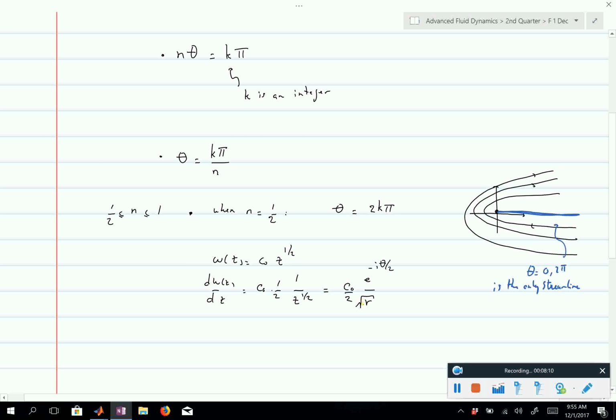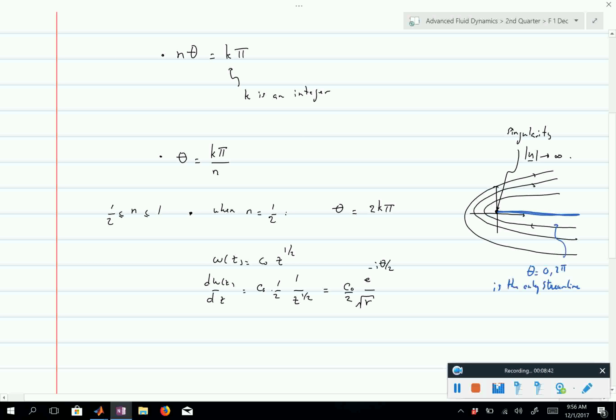But when r goes to 0, you see that the magnitude of the velocity vector goes to infinity. So for potential flows around a sharp corner like this, the velocity going around this sharp corner is going to go to infinity. At that point we have a singularity, the magnitude of the velocity goes to infinity. Do you see that?